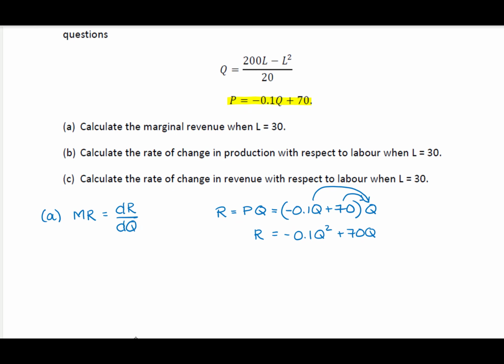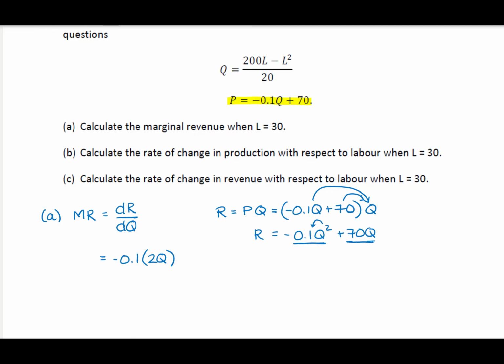Next step, I'm going to do the derivative of this with respect to Q. Unfortunately, my function is already with respect to Q. So I simply do the derivative of this function. For my first term here, I have negative 0.1. Then I do the derivative of Q squared. So I pull back the 2, and I have Q to the power of 2 minus 1 is 1, or I just leave that blank.